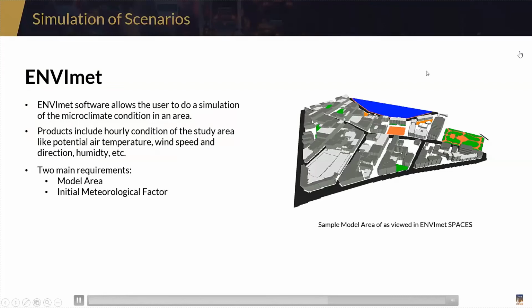So on the right, you can see is the sample model area as viewed in NVMet. So the second requirement is initial meteorological factors. So this include mga initial air temperature, initial wind speed, and other factors.